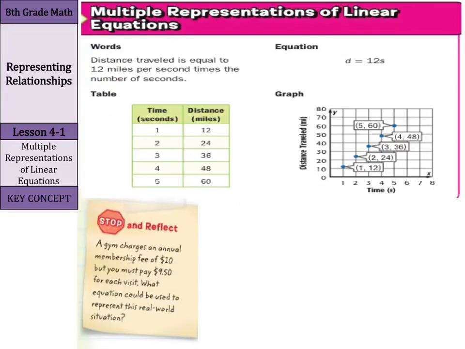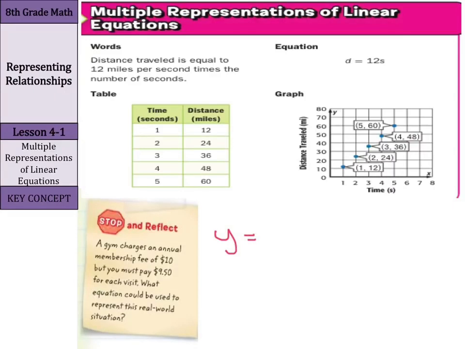Now, let's stop and reflect. A gym charges an annual membership fee of $10, but you must pay $9.50 for each visit. Yikes. What equation could be used to represent this real-world situation? Well, if we're looking for our total cost, let's set that as y. Now, we have our $10 and we have our $9.50.